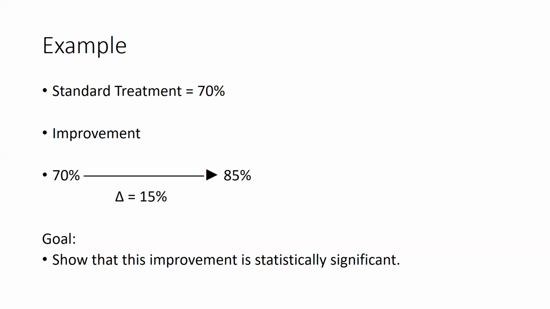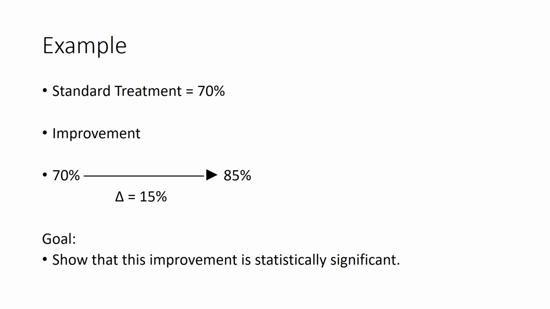If it is less than 15% improvement, for example, here 85%. Suppose in standard treatment the improvement is 70%, and in new treatment it is 80%. But here we have decided the superiority margin at 15%.